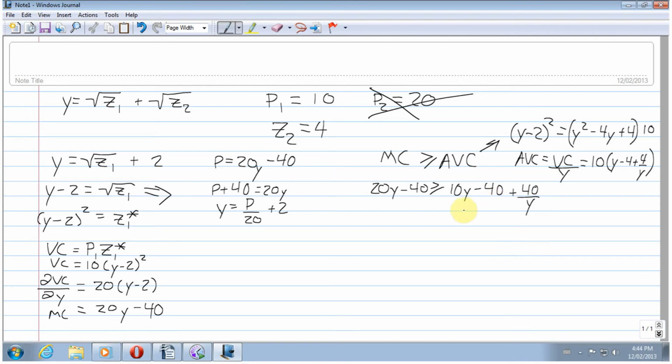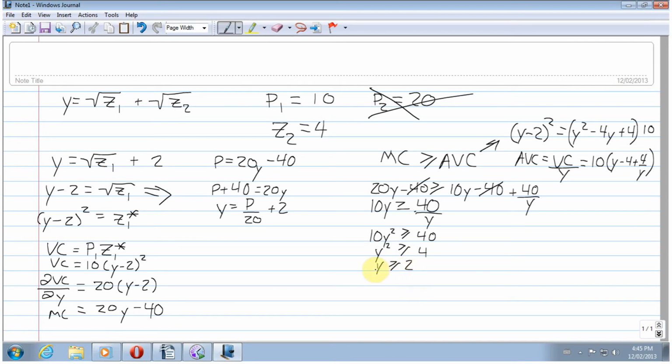So we're still looking for marginal cost greater than or equal to average variable cost. I'm going to cancel out these 40s because there's a negative 40 on both sides. I'm going to subtract the 10y. 40 over y, which means that 10y squared is greater than or equal to 40, y squared greater than or equal to 4, or y greater than or equal to 2.